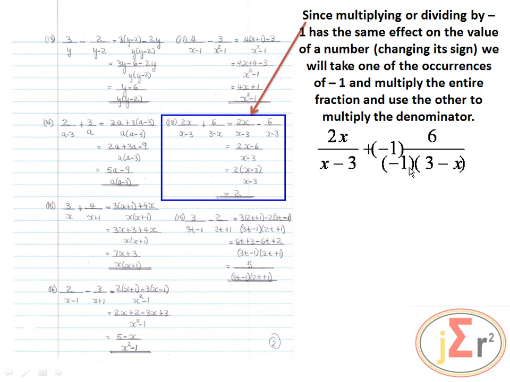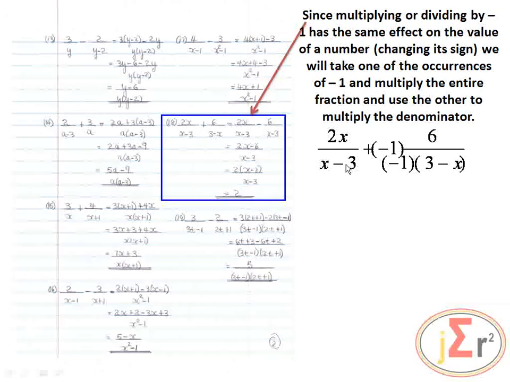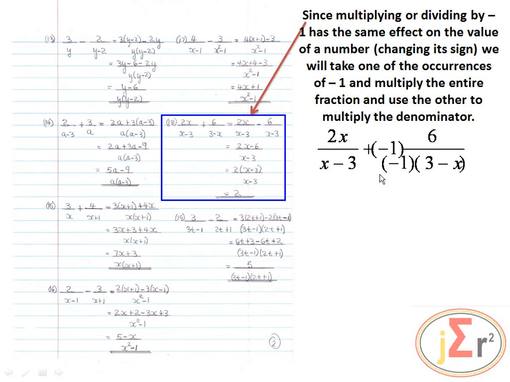And this negative 1 in the denominator will cause the sign of the denominator to change, to the effect that it will be equal to x minus 3. Because we have shown already on a previous slide that if we take negative 1 multiplied by 3 minus x, the result is x minus 3.